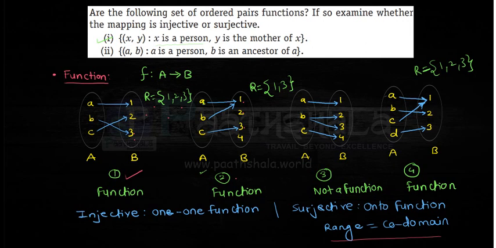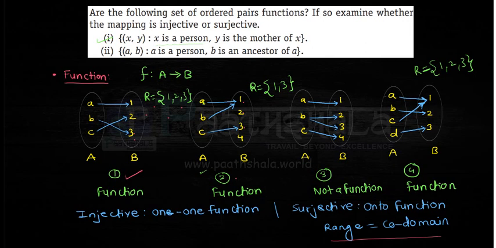It is an onto function, because all codomain elements have a pre-image in the domain. It means y is a mother, so she has some child in the domain. So the first case is a surjective function, but it is not one to one because two persons can have the same mother.